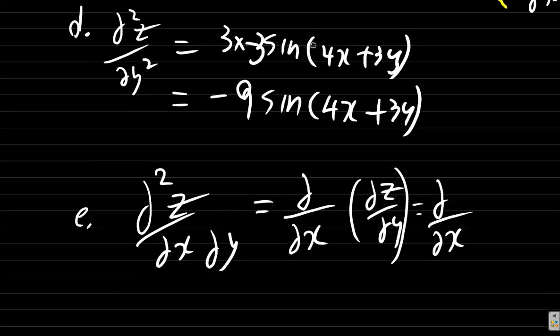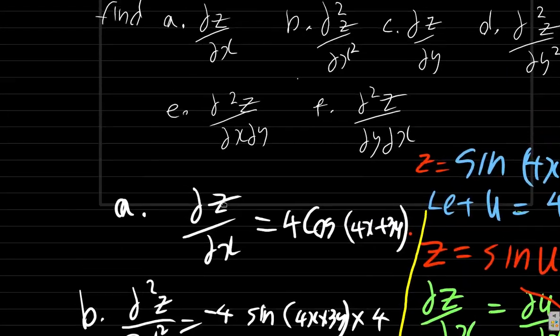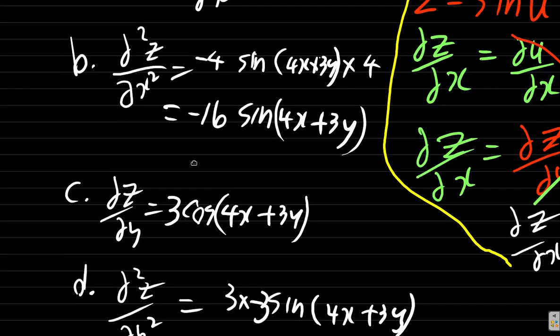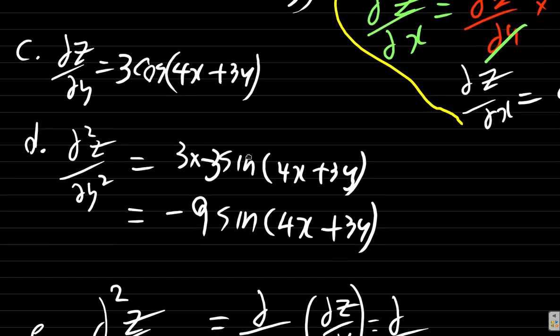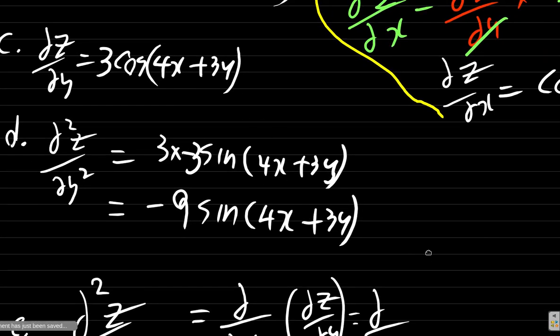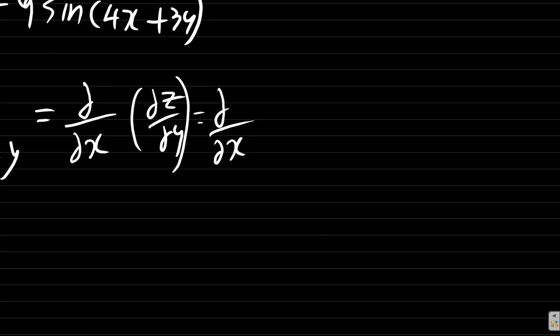What was del z by del y again? Del z by del y. Oh, yeah. It's 3 cos 4x plus 3y.